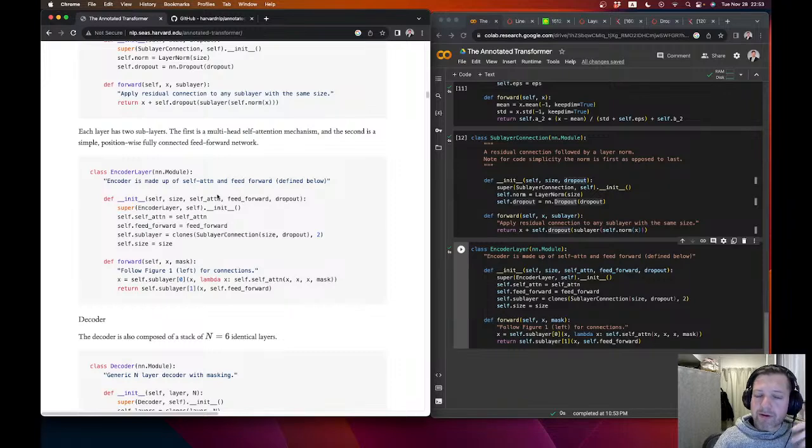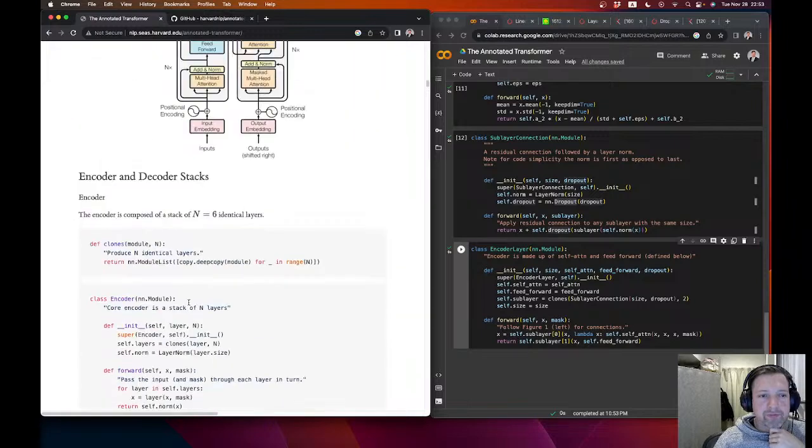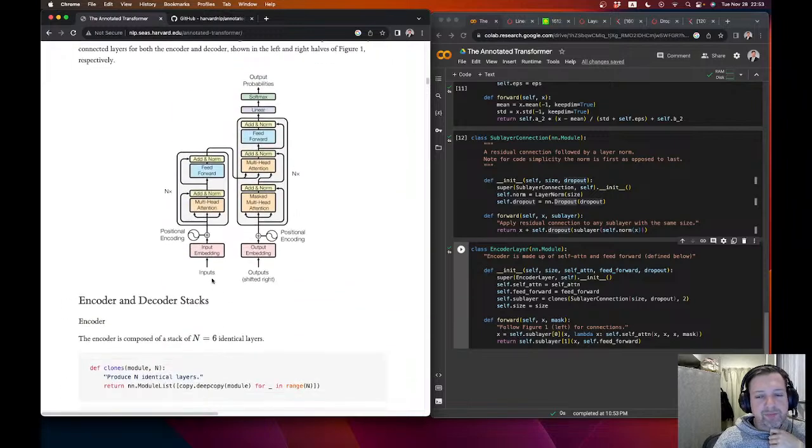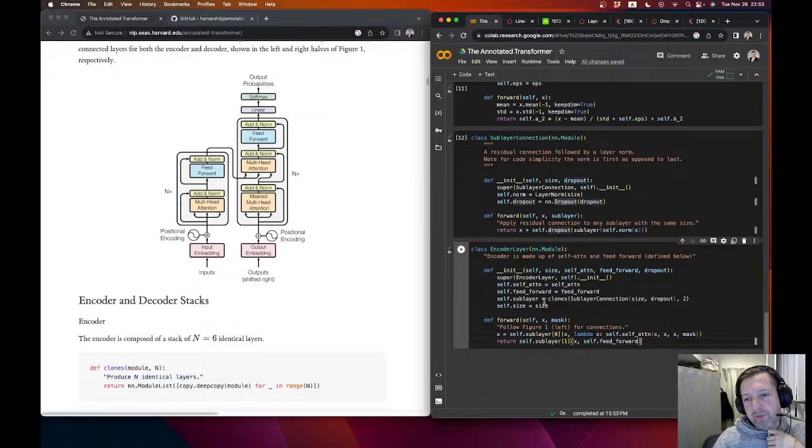Okay, so now we're coming to the attention bit. Encoder is made up of self attention and feed forward. Follow figure 1 left for the connections. Again, this doesn't have much code here yet, but this should be this bit.